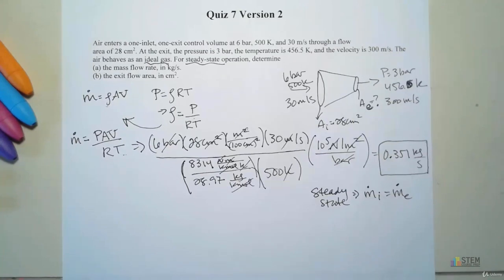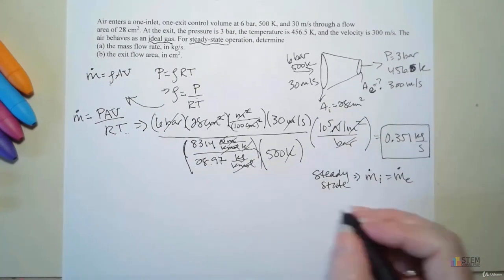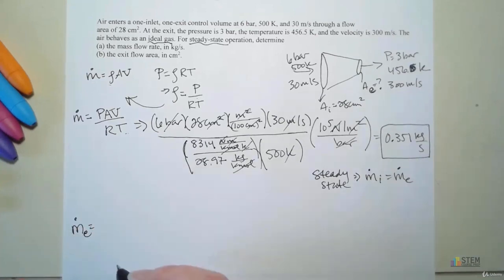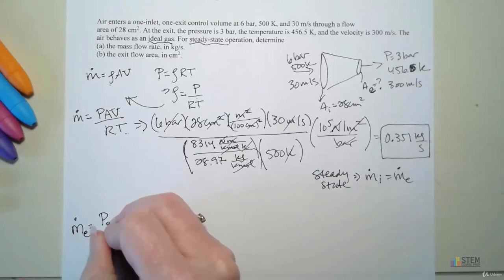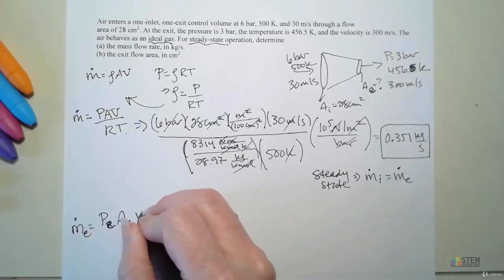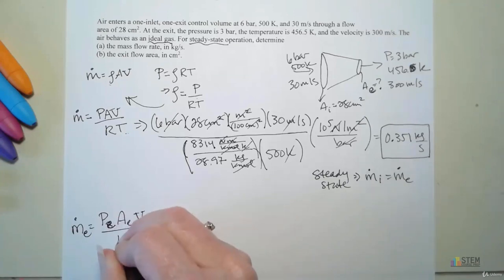We couldn't use the exit conditions because I didn't have enough information. So now we'll have our pressure at the exit times the area at the exit times the velocity, put that over R times the temperature at the exit.